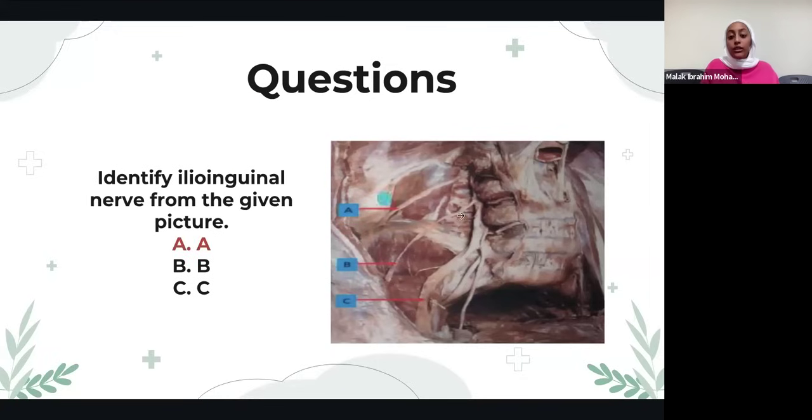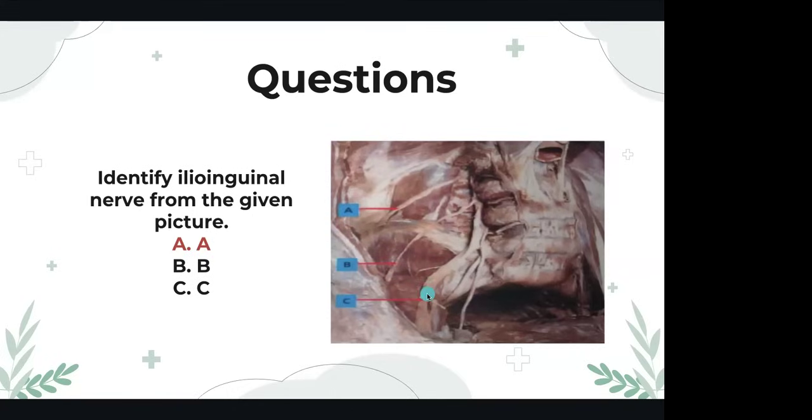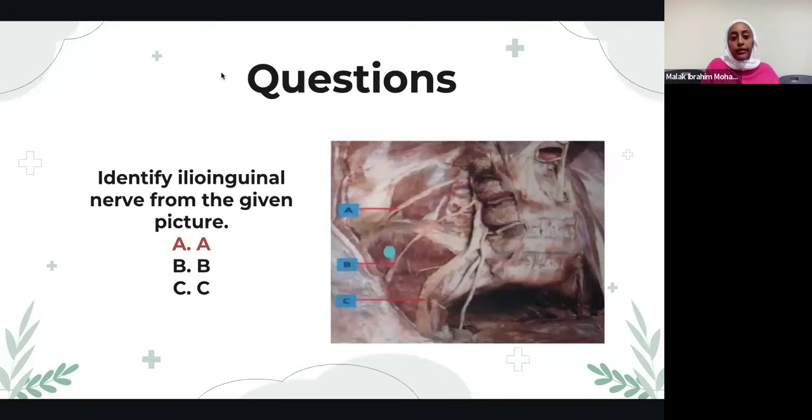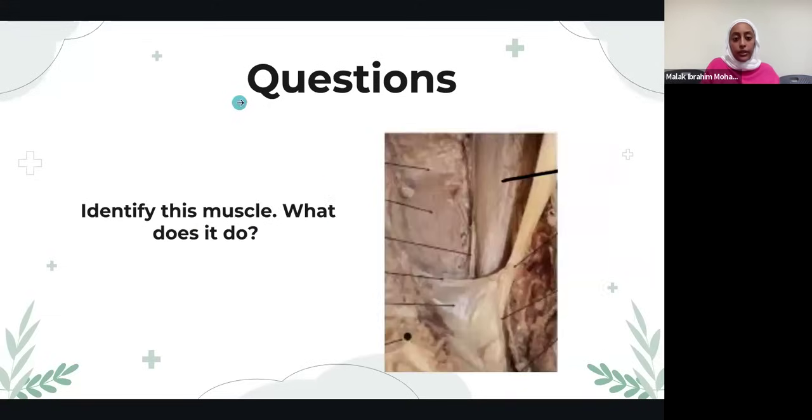It is A, because this one is the ilioinguinal. Can someone tell me what's B? Yes, lateral. And can someone tell me what's C? Perfect, femoral. Okay, now let's go with the next question.